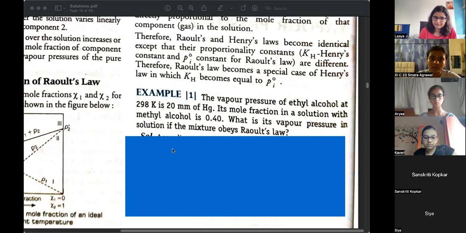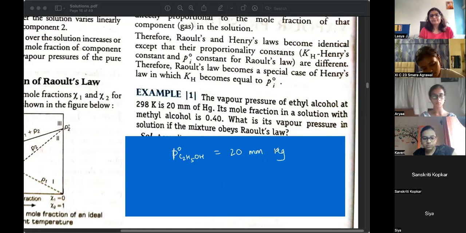P0 of ethyl alcohol is given as 20 mm Hg. So the vapor pressure of pure ethyl alcohol is what they mean here.